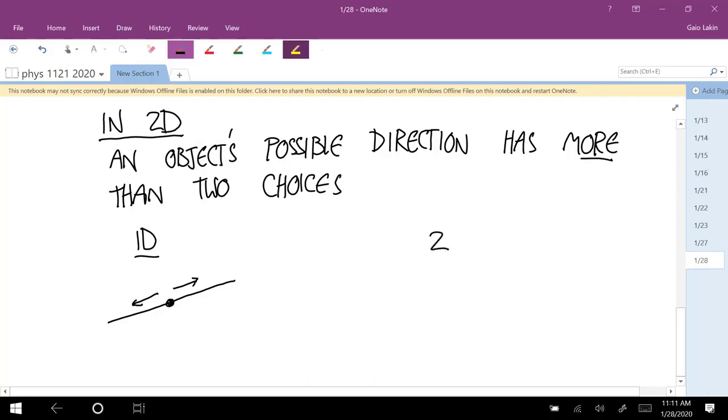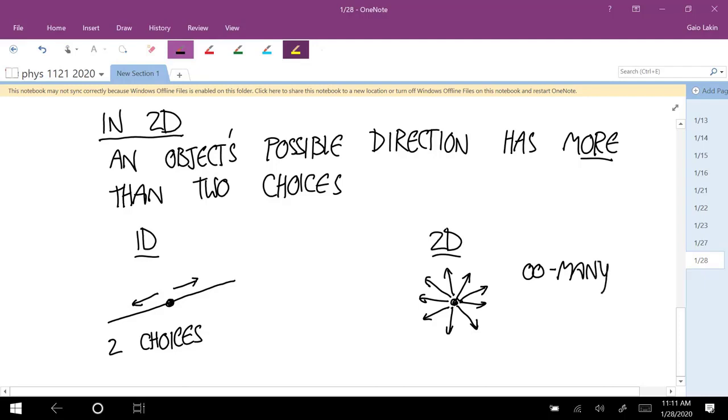In 2D, you have an object here. It can go this way or that way, or any of the other infinitely many directions in the plane, right? So in 1D, there are 2 choices. In 2D, there are infinitely many choices.